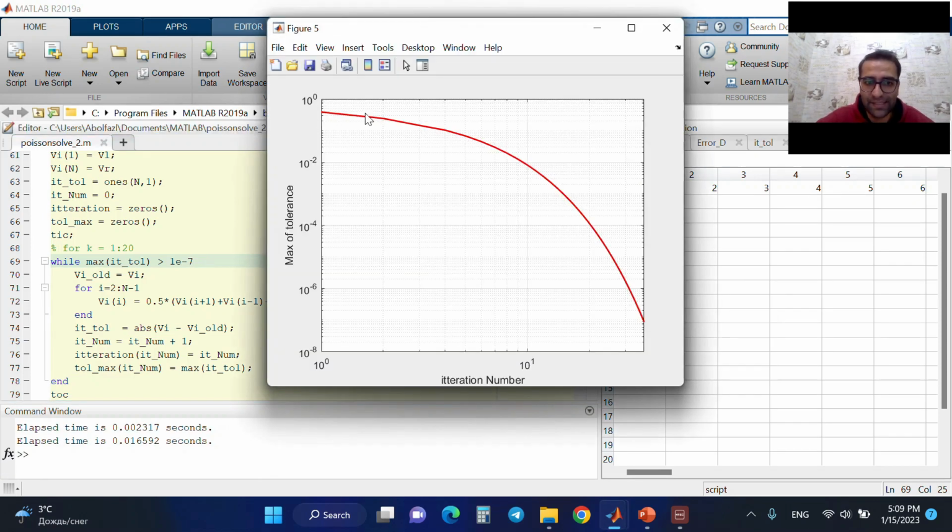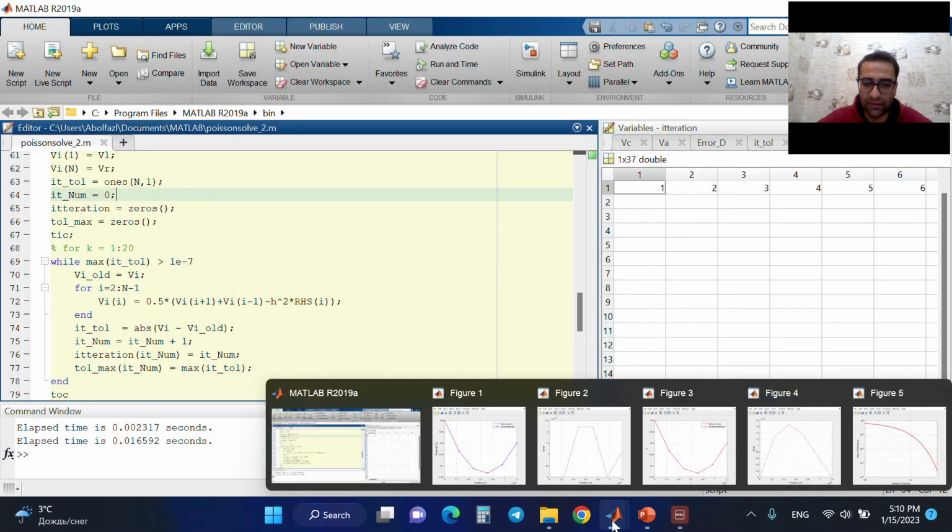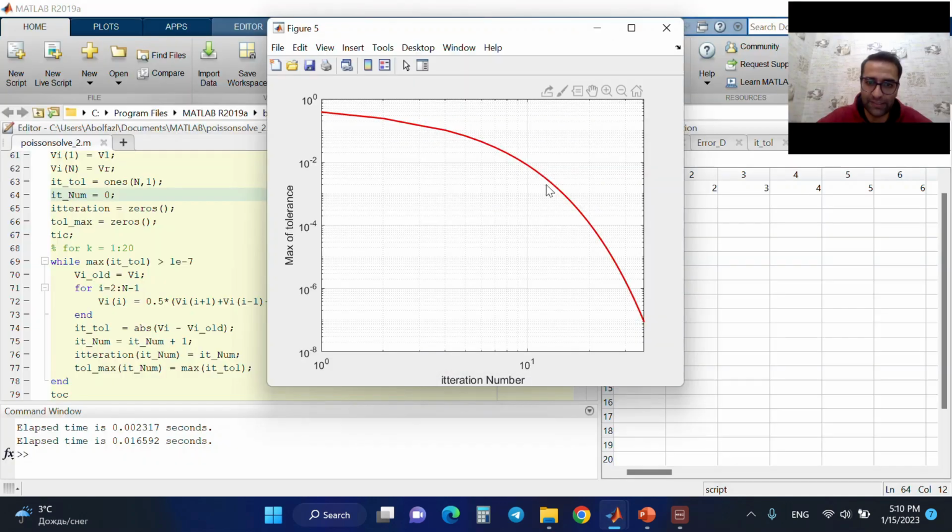You see, this is how the problem converges to the real value that I showed you. When the number of iterations is low, we have such a tolerance. For example, here when the number of iterations is 10, the tolerance is this number. But when the number of iterations is 20, the tolerance is this.